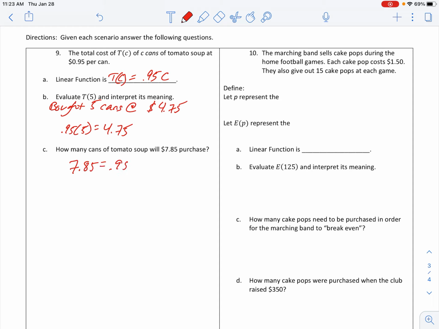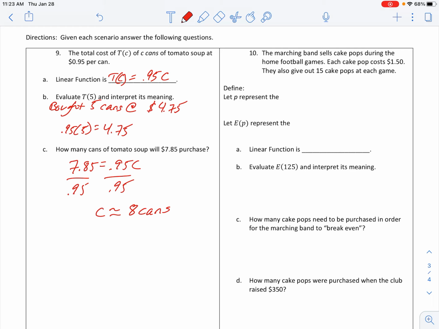How many cans of tomato soup will $7.85 purchase? This is where we're going to set that equal to the outside and divide by 0.95. 7.85 divided by 0.95, and we get not a nice number, we get a decimal. So we need to think about where we can round that.